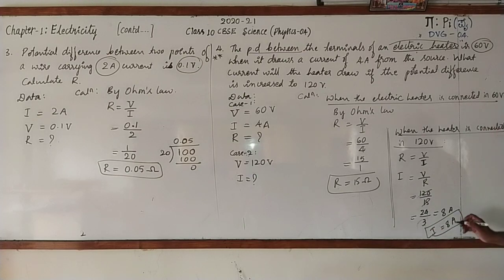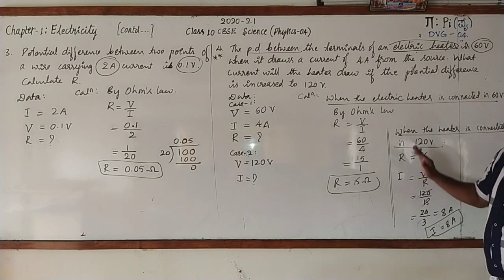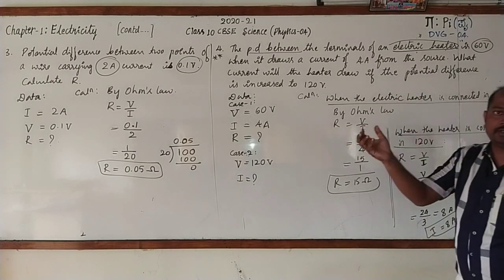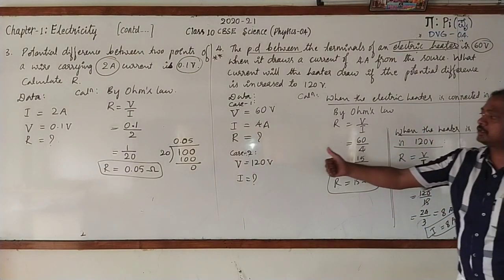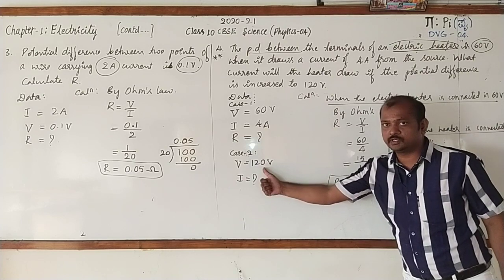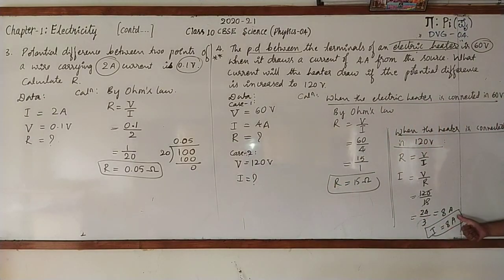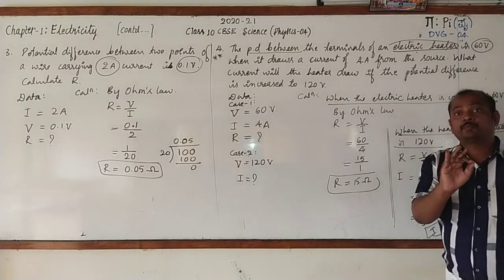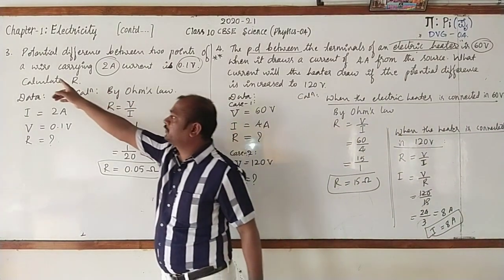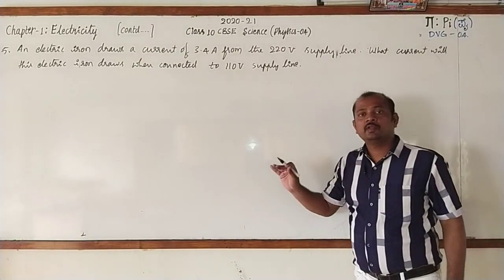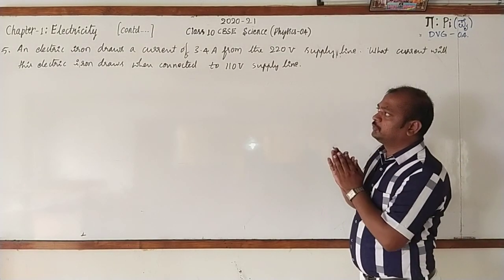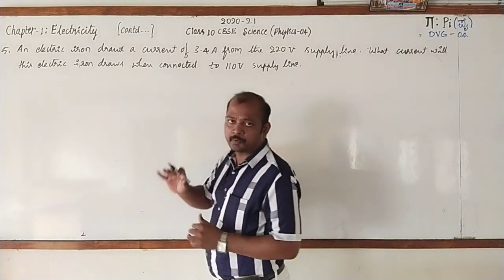You can write the conclusion as: therefore the amount of current drawn by the electric heater when it is connected in 120 volt potential difference is 8 amps. Clear? So now you have to pause the video and start copying from here to here. Copy.